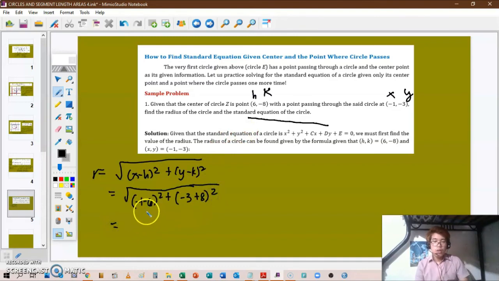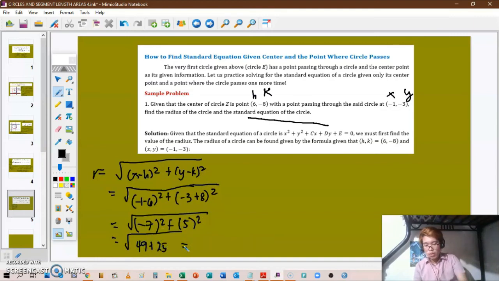Next is negative 1 minus 6, which gives us negative 7. So (−7)² plus 8 plus negative 3, that's going to give us 5, so 5 squared. This gives us 49 plus 25, which is equal to 74. The square root of 74 is simply the square root of 74. So that's the value for r.